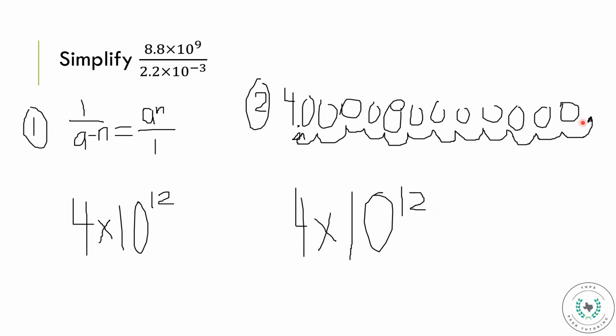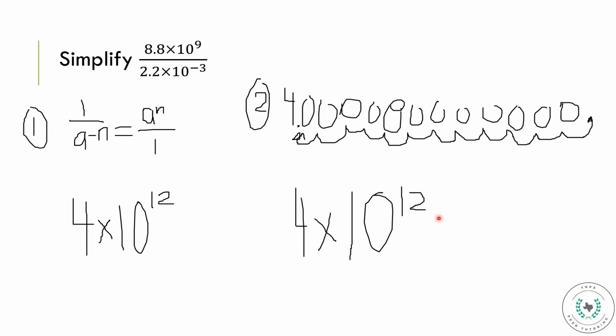And in a case like this, it may be slightly confusing because it may be like, well, why is it not negative 12 when we've been moving to the left? And that's because we're doing it opposite. Because remember, if we had a negative 12 here, that would give us 0.0000000000004. And that's not what we want. We want one with all of these values after 4, to the right of the 4. So we're going to want a positive 12.